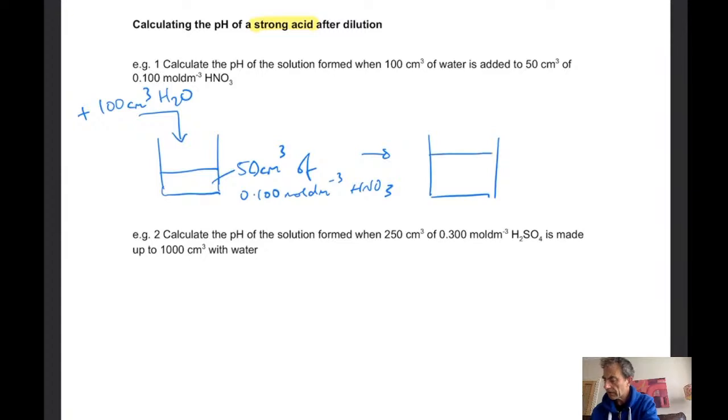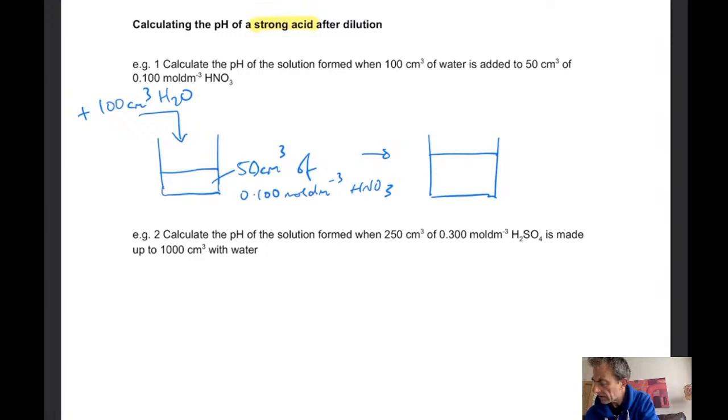Okay, so the way I would think about this is, we've got to calculate the pH of this solution here. Okay, remember what we need to know is the H plus concentration, so we can minus log. So the first thing we can do, if we know the concentration and volume of this nitric acid, we can work out the moles of the H plus ion.